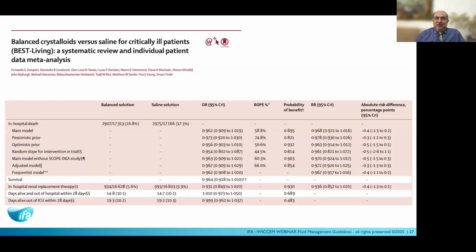Then we have the individual patient data meta-analysis published in Lancet Respiratory Medicine. This one used Bayesian analysis, and it showed for mortality that use of balanced fluid had a probability of benefit of 89% versus saline.